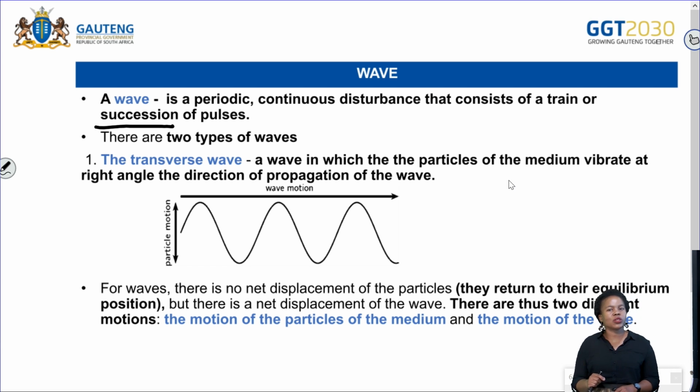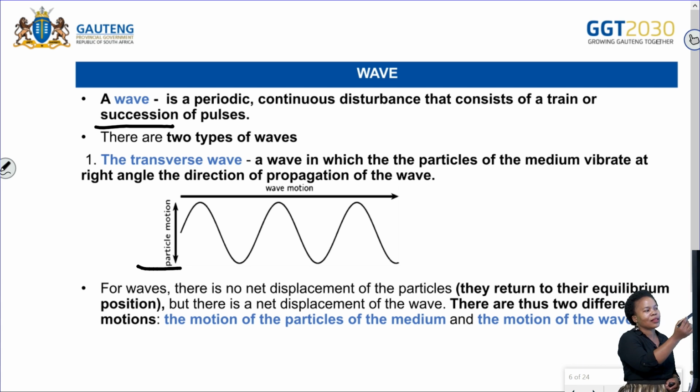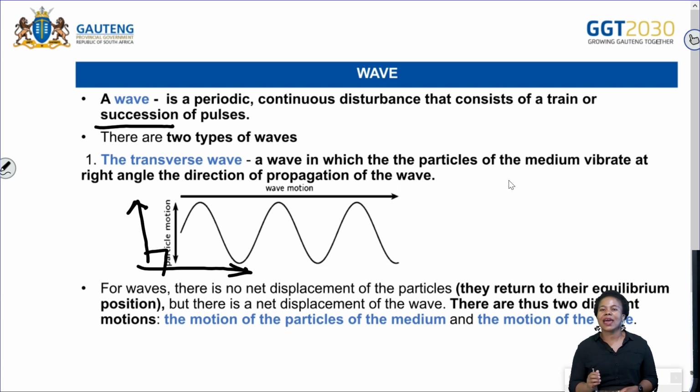So I just showed you a nice illustration of the wave motion. That is the propagation of the wave. But going up on the side, it is showing the particles of the medium vibrating at right angle. So particles of the medium are vibrating at right angle, but here is the propagation of the wave creating that 90 degrees angle. Hence, we're saying it's at a right angle.